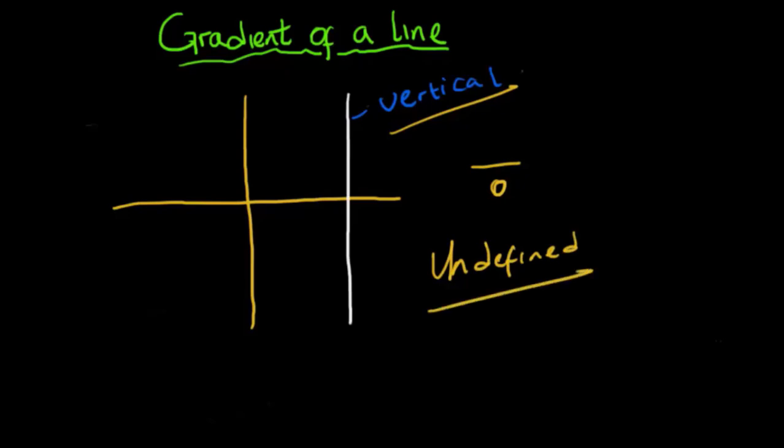The reason for this is any time you have 0 as the denominator, we say that fraction is undefined. For example, 4 over 0 is undefined. If you do this on your calculator, it will tell you math error. 2 over 0 is undefined. Because a vertical line does not have run, the slope of a vertical line is undefined.